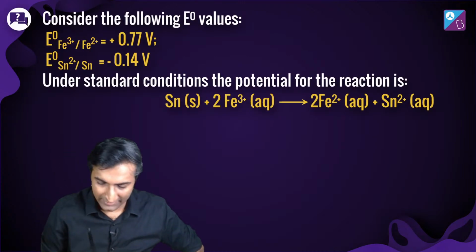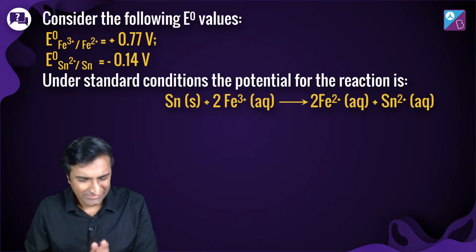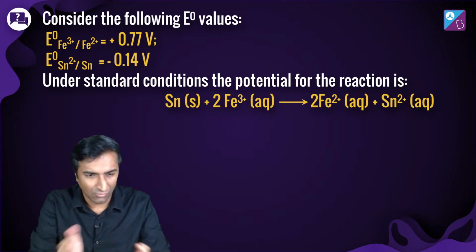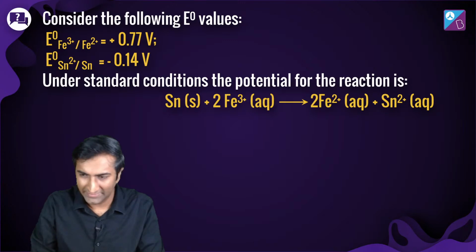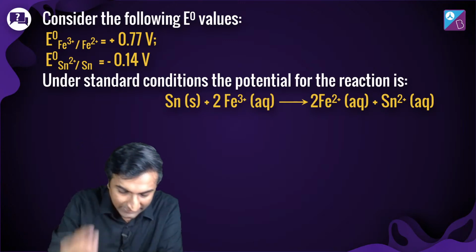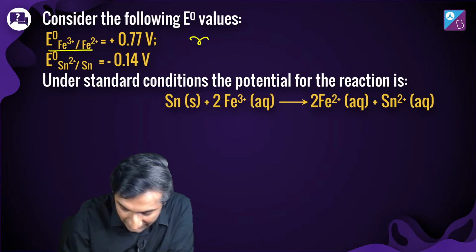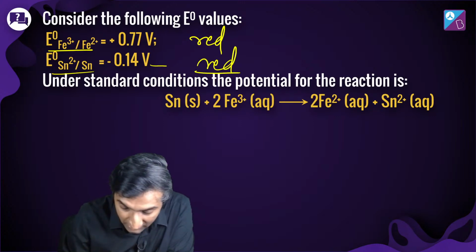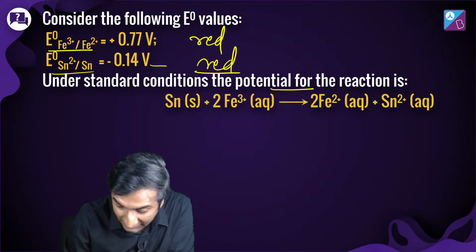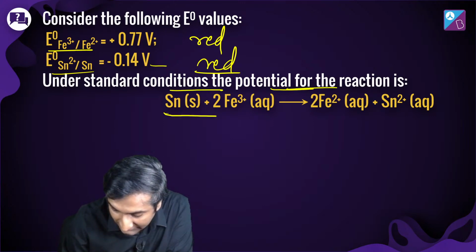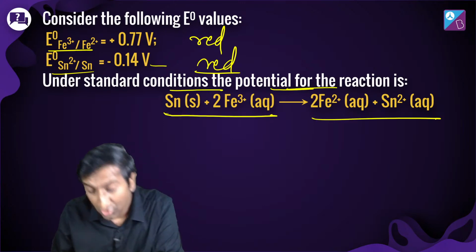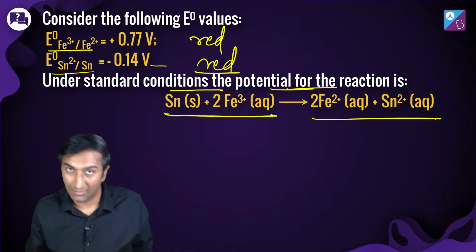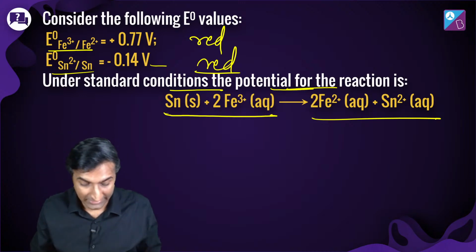Okay. Here's a question for you. Simple one. Please try it out in the chat. This one is straightforward. Consider the E naught values. This is reduction. This is also reduction. Okay? Be careful. Both are reduction. Under standard conditions, find the potential for the reaction given to you. Use the same ideas of thermochemistry, right? But be careful.